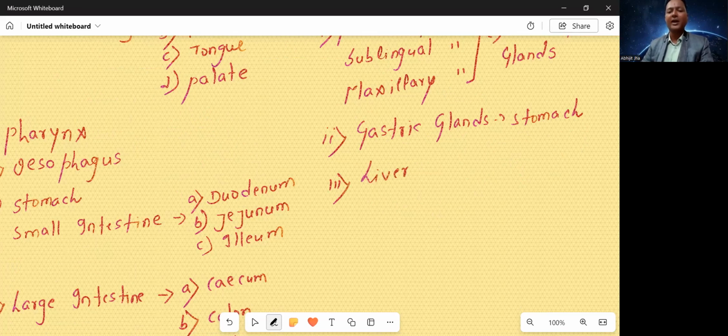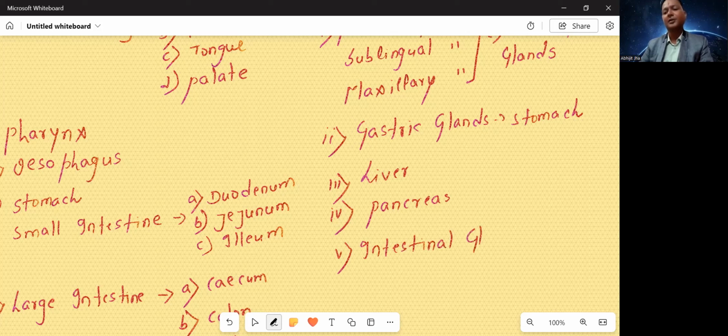We will discuss each and every one of them in detail. Then after the liver, we have the pancreas, the second largest gland of the human digestive system, and the last gland is known as the intestinal glands.